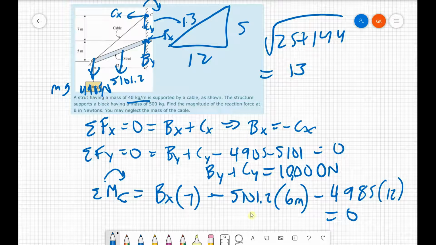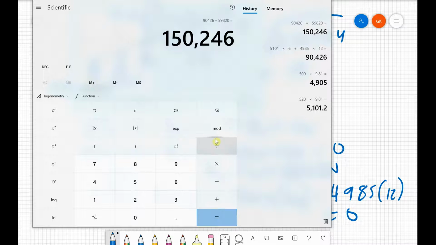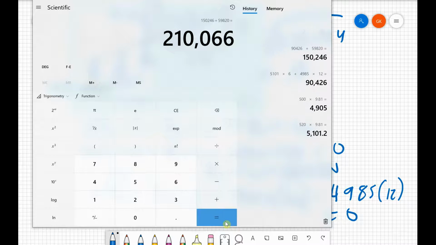Okay, let's plug that into a calculator and see what we get. So 5101 times 6 plus 4985 times 12. Okay, that comes out to be a big old number. Oh, I made it too big. Here we go.